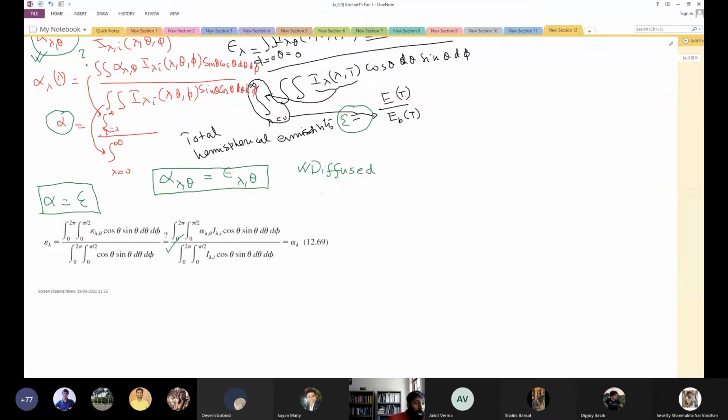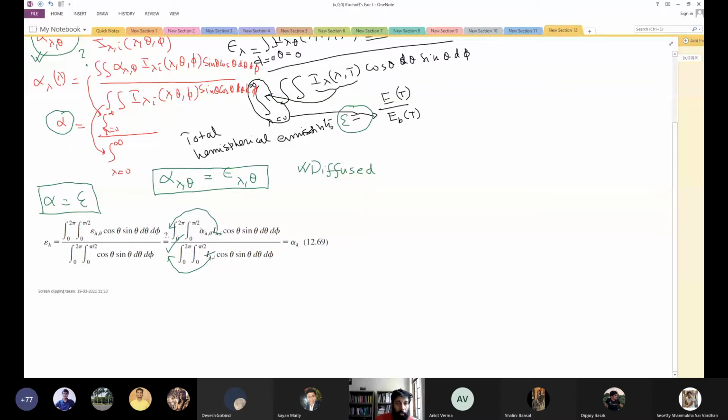But if the irradiation is diffuse, that means the incident radiation is falling equally from all sides, the surface may have epsilon and alpha as functions of theta, but the radiation falling on the surface is not a function of theta. What will happen is that we'll take this out of the integral and cancel.